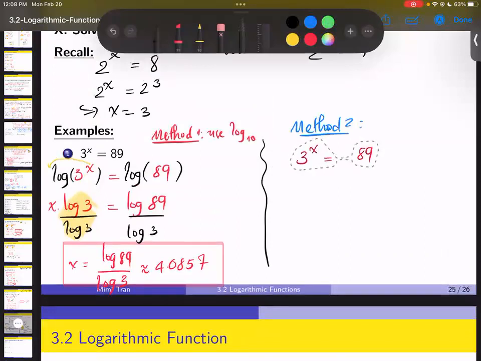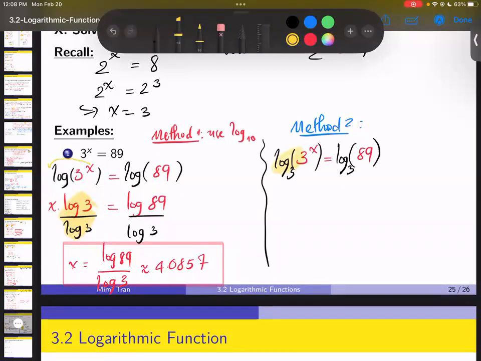Why am I taking log base 3, but not base 2, not base 5? What happened here? Log base 3 and 3 to the x, they cancel, right? Remember, log and exponential are inverse. When you put one inside another, they cancel. So what's left is just x.